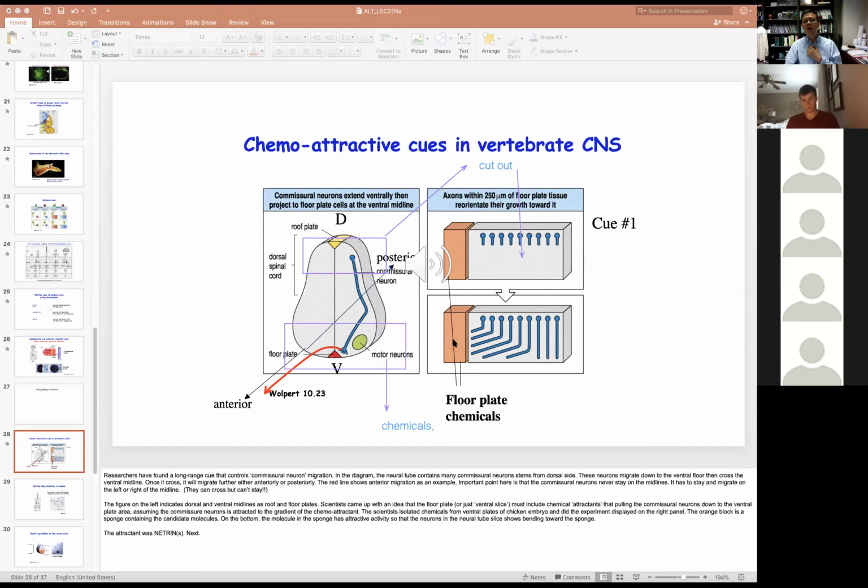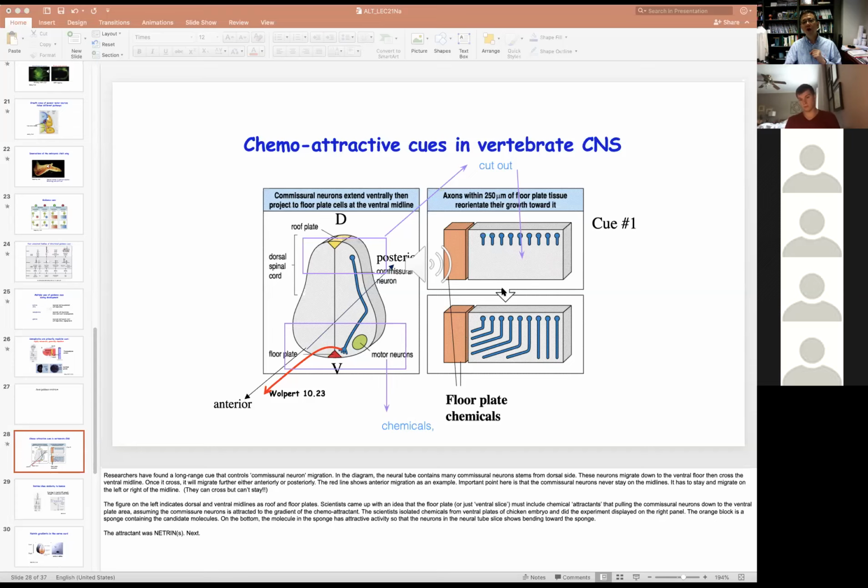Right. So let's say from this experiment you isolated 10 different molecules. Let's say, for example, I just made up some kind of experiment. So you are able to isolate 10 different chemicals from here, and then you try them one by one.